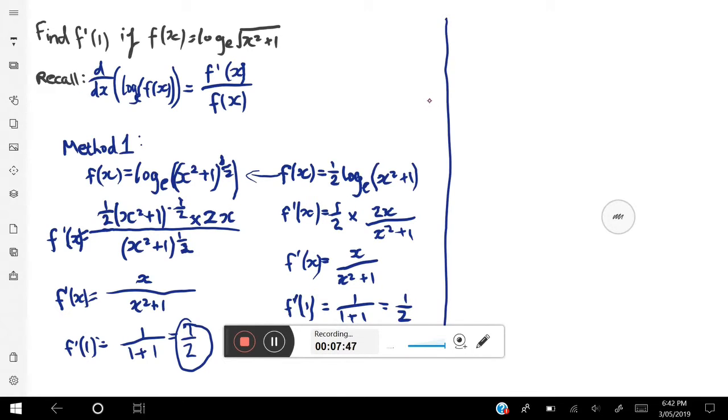Let's draw a line down here. So the other method is if we do a u substitution.